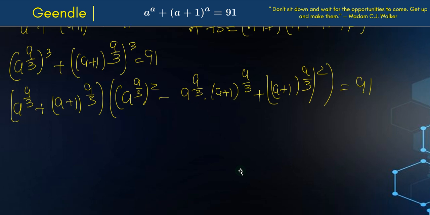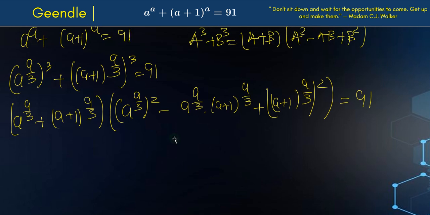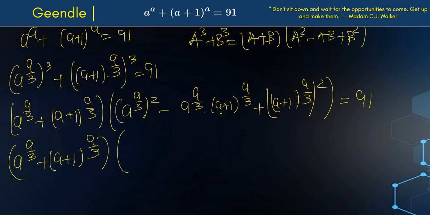You know that this is a perfect square. If I want to turn this into a perfect square, I'm going to write it as a to the a over 3 plus (a+1) to the a over 3, all squared.